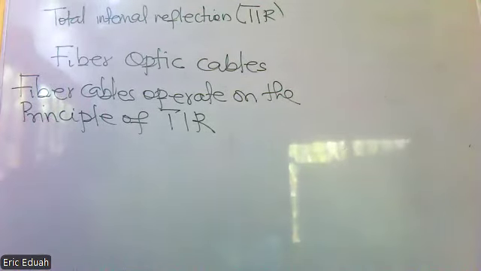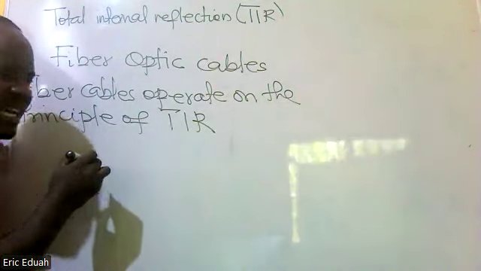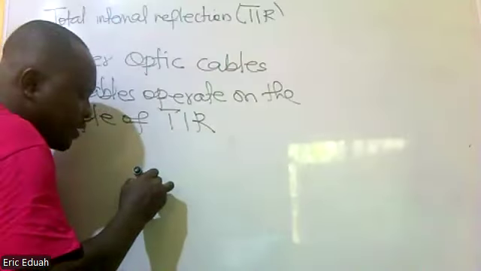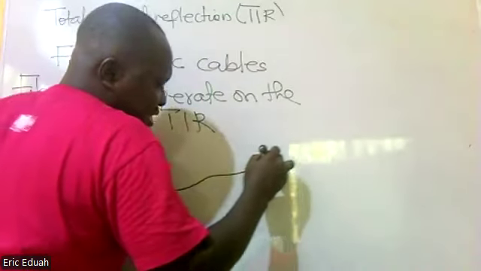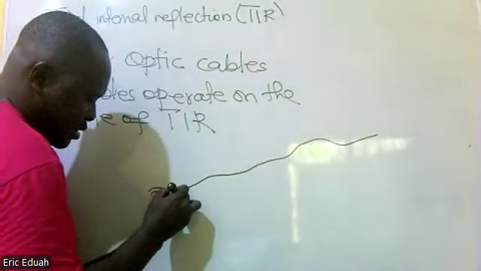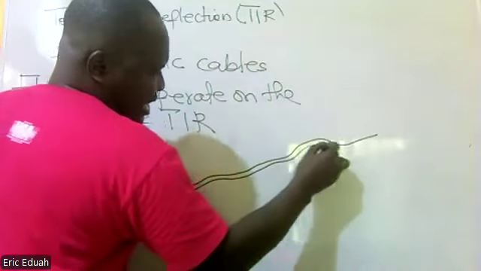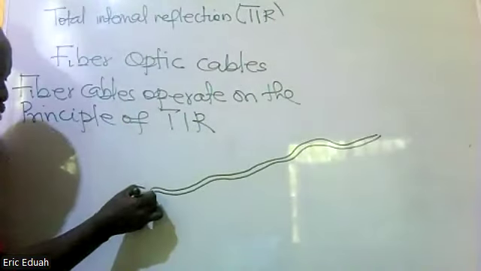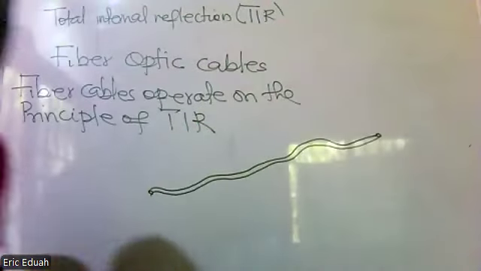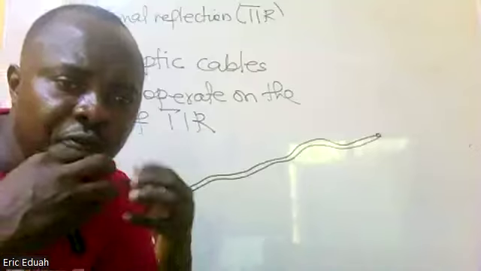How does the fiber cable itself look like? It is a very thin glass tube or fiber, very, very thin, small glass tube or fiber, which is used in transmitting large volumes of voices or data.